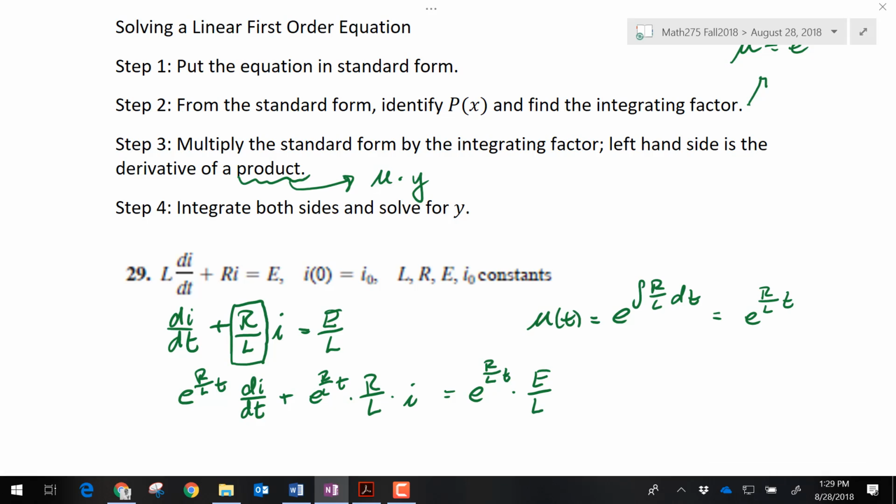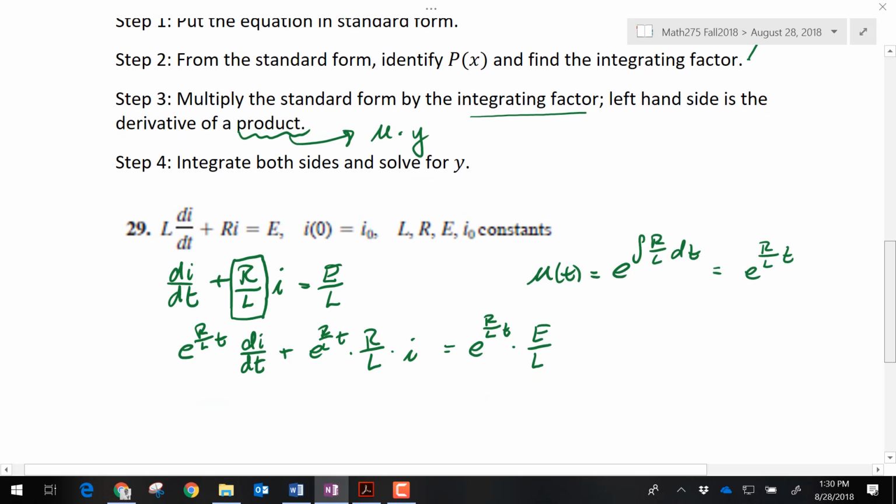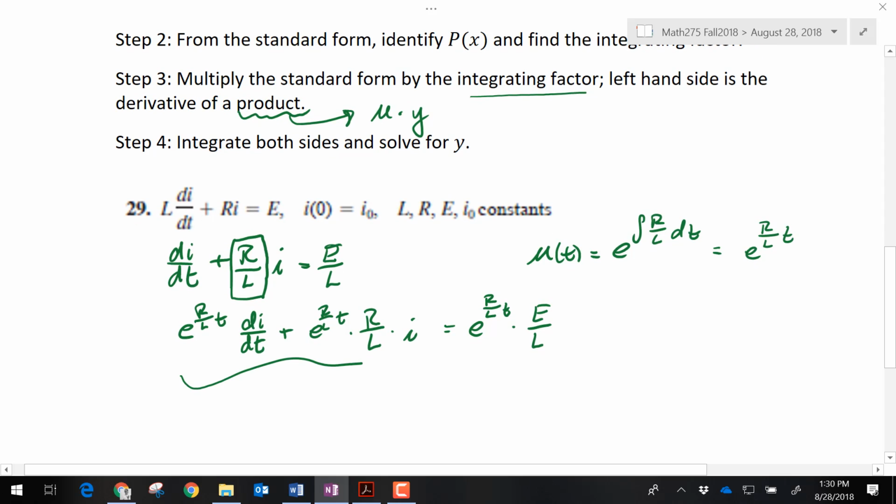Okay? So we multiply the standard form by the integrating factor, and then the left-hand side is the derivative of the product. So we want to identify the left-hand side of the equation as a derivative of the product, and the product is going to be the integrating factor times the dependent variable.